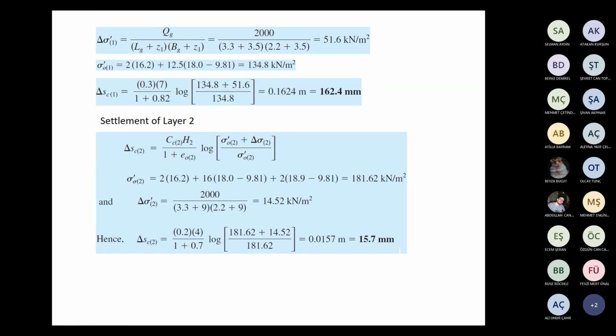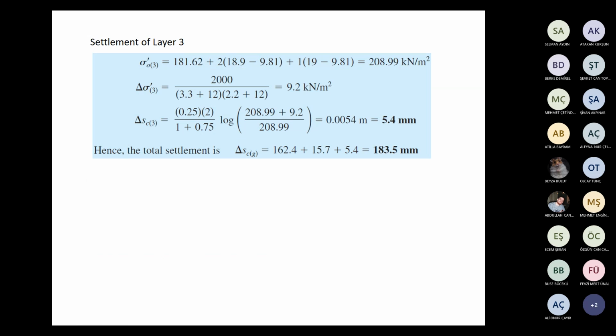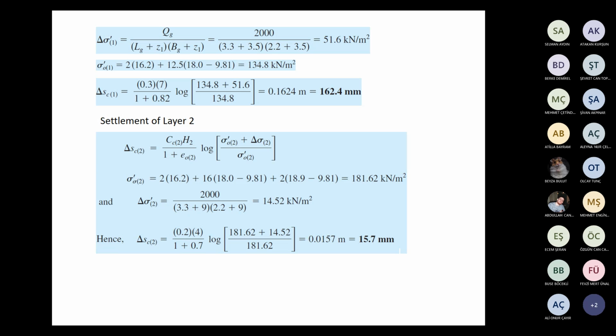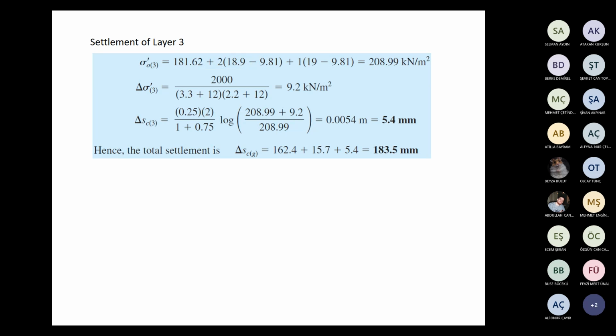This may be confusing. Please do not confuse. What do we need? Applying the same procedure for the third layer: effective stress, stress increase, and consolidation settlement.